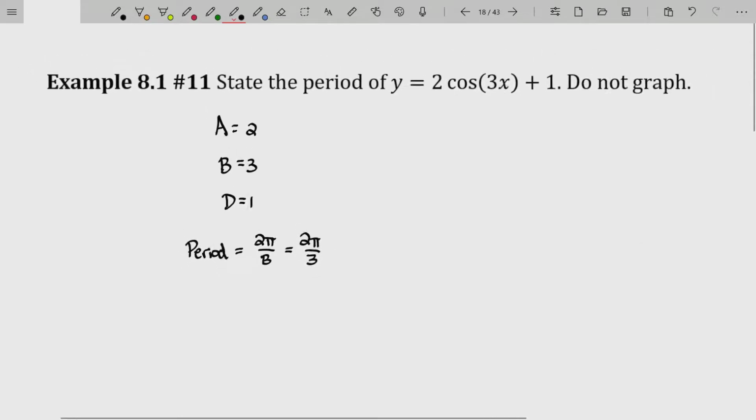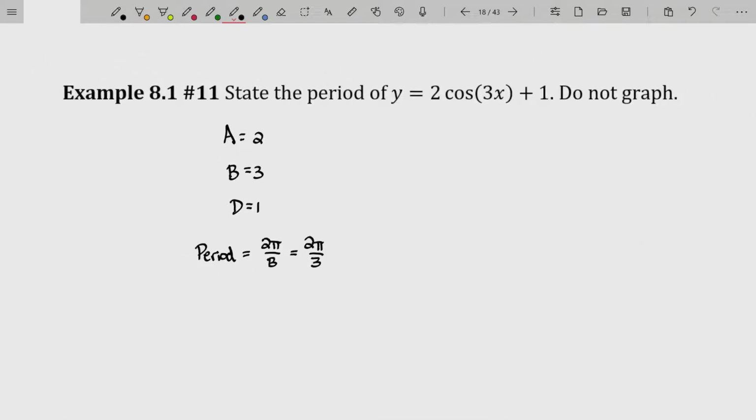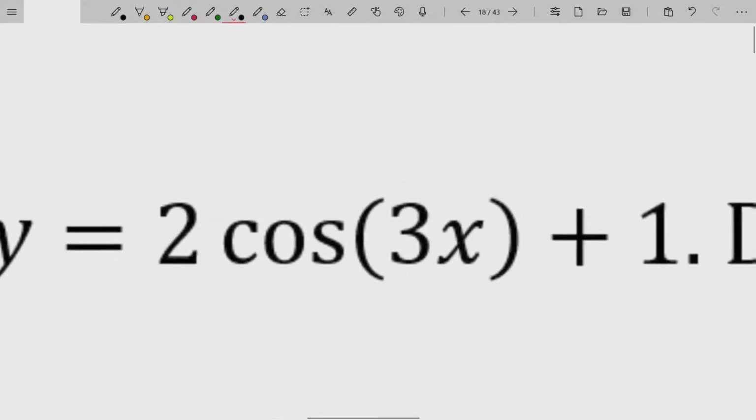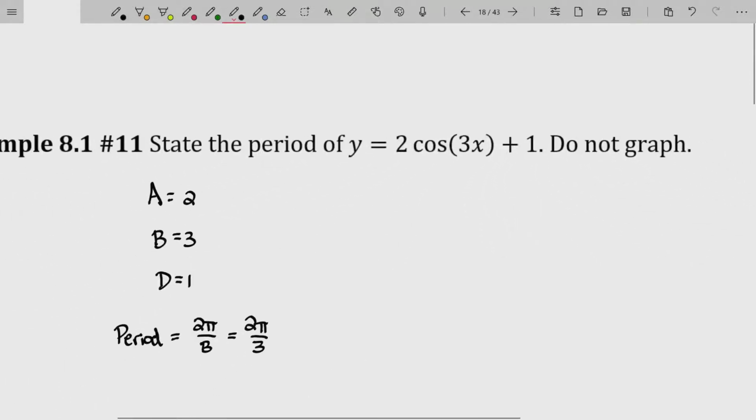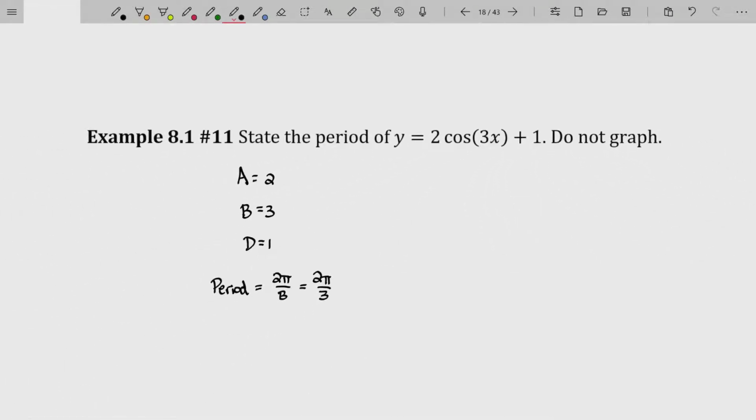So that's how long it would take this cosine to go through a complete cycle. It's 1/3 of its normal 2 pi. Remember, the normal period for a cosine is 2 pi, but this is actually 1/3 of that, which is the reciprocal of that coefficient on x. All right, so that's just answering the first question.